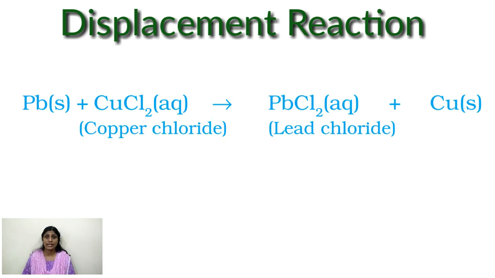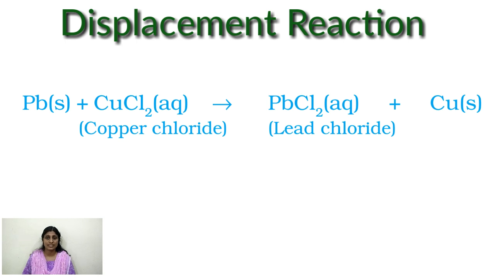When lead metal is placed in copper chloride, lead displaces copper from copper chloride as lead is more reactive than copper in the reactivity series. Equation: Pb, that is lead in the solid state, plus CuCl2 aqueous giving PbCl2, lead chloride, plus Cu(s).